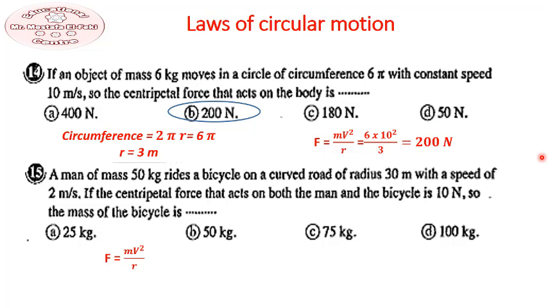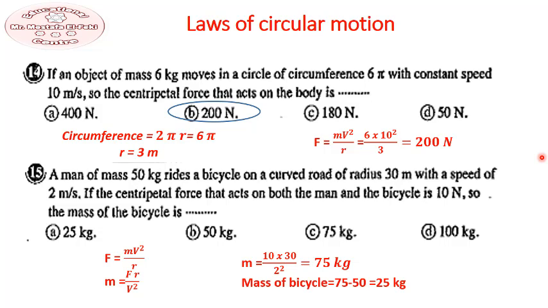Since the force equals mv squared over r, then the mass equals, by cross multiplication, Fr divided by v squared. Then the total mass that moves in a circular path equals 75. This is the mass of the man and the bicycle. So the mass of the bicycle equals 75 subtracting the mass of the man 50, equals 25 kilograms.